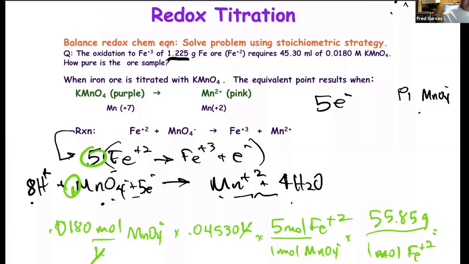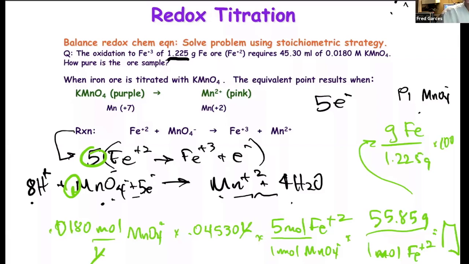So that'll be the amount of iron that reacted with the potassium permanganate. When I get this mass, I'm going to divide it by the mass of the ore and multiply by 100. Now I know the purity of that iron ore.